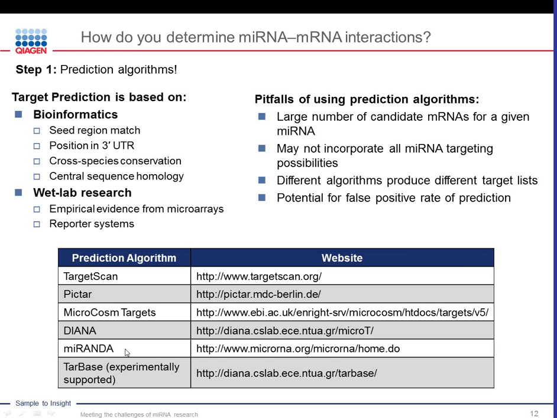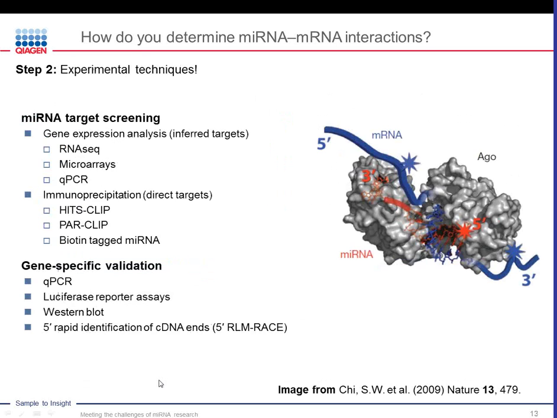This is a nice first pass-through in determining what are the most relevant microRNAs for your particular sample type. You can always narrow down the list of whether a microRNA is expressed or not, or whether a target is expressed or not. That's one of the easiest ways to narrow your list. And on the bottom, I have a few prediction algorithms that you may want to look into further.